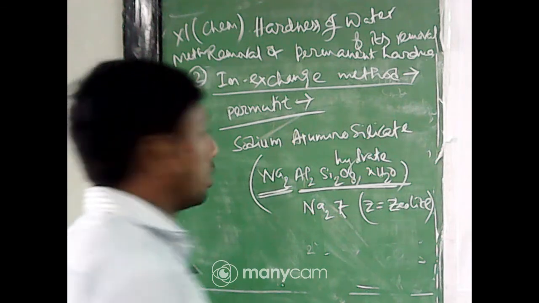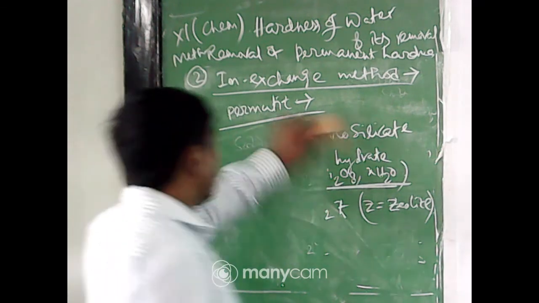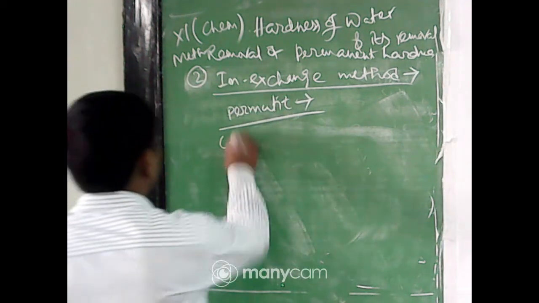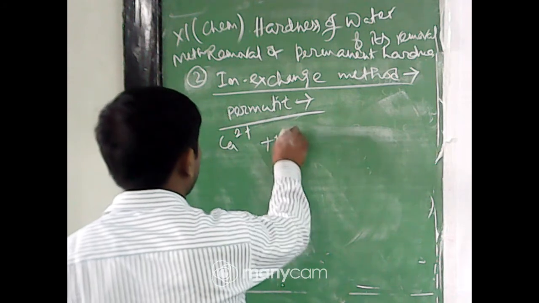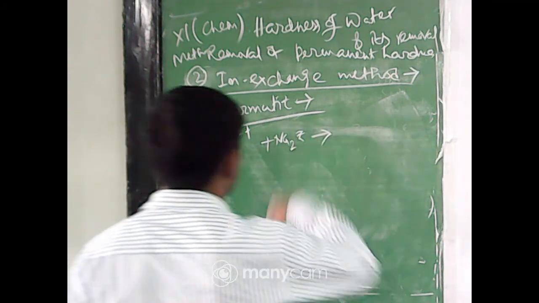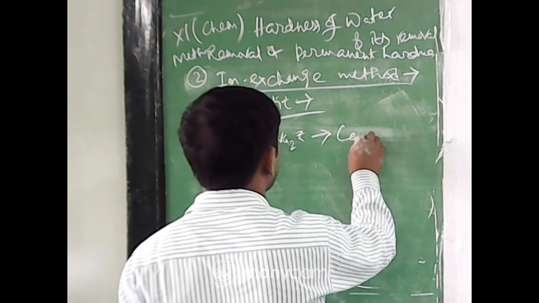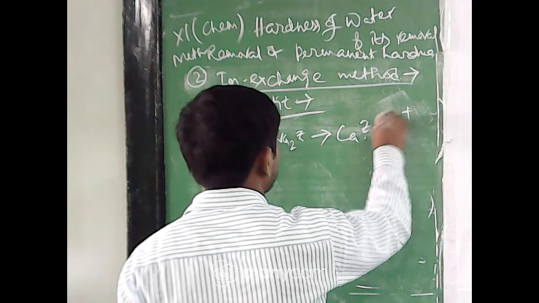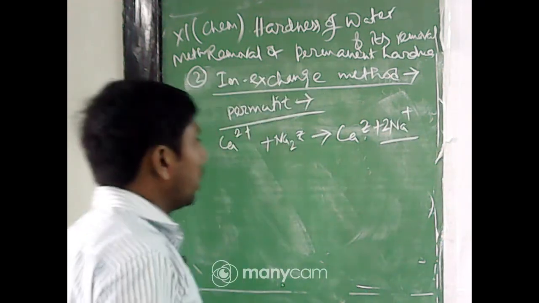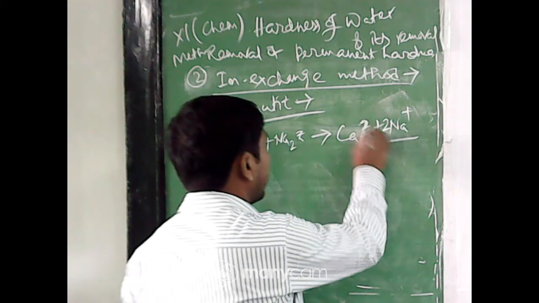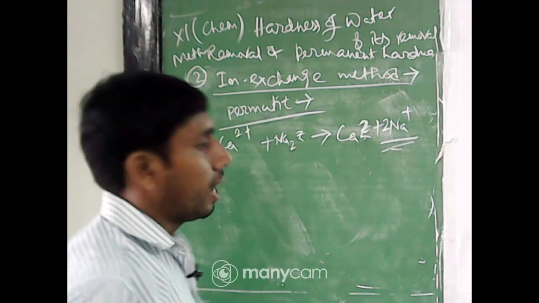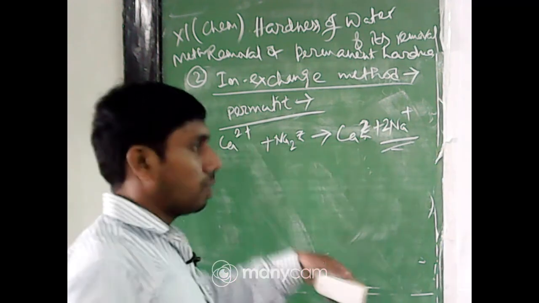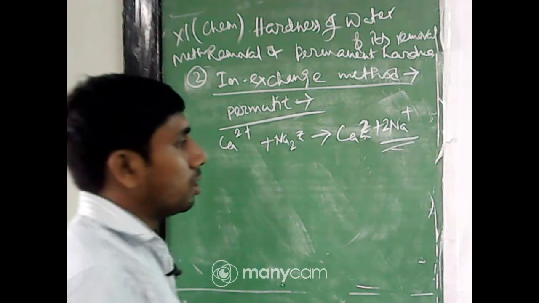Okay. Just follow the reaction. Suppose calcium is present in the water sample. Na2Z will produce CaZ plus 2Na+. As it is a cation, it will be soluble in the aqueous medium. In this way the calcium from the water will be exchanged by sodium.